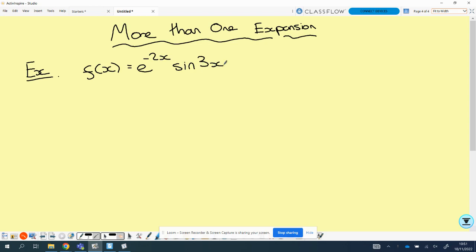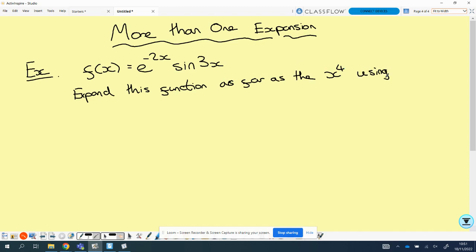Okay, so that's the function that we're using. I want to expand this function as far as the x to the power 4 term using expansions for e to the x and sine x.